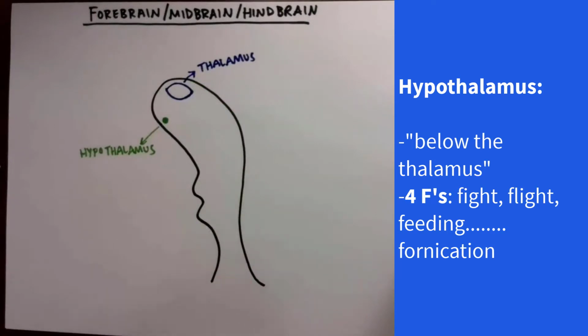So hypothalamus, this is a collection of neurons that basically runs things like motivation, hunger, thirst, and life support systems, right? And the hypothalamus, as you can tell then, does a lot, right? It's very important. It has a lot going on.